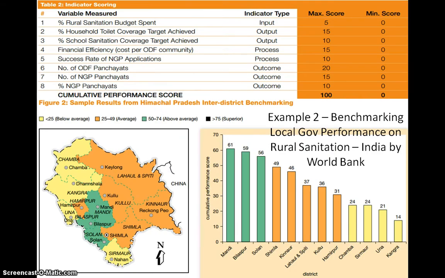Another example is done by World Bank, where they're looking at the local government performance on rural sanitation in one district in northern India.